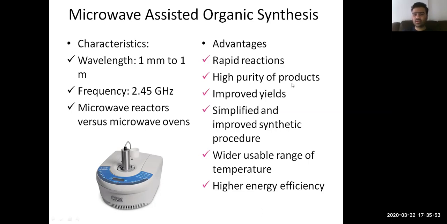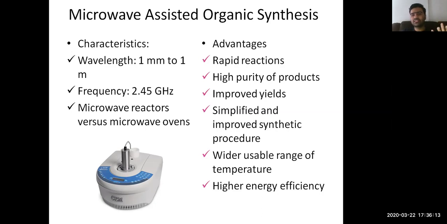High purity of products, because most of the time microwave offers complete conversion of the starting material to the product due to the highly efficient design in terms of supplying the energy to the reactant. So since the energy is efficiently supplied to the reactant, all of the reactant gets converted into the product.